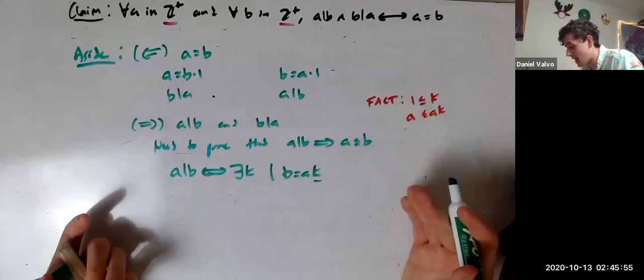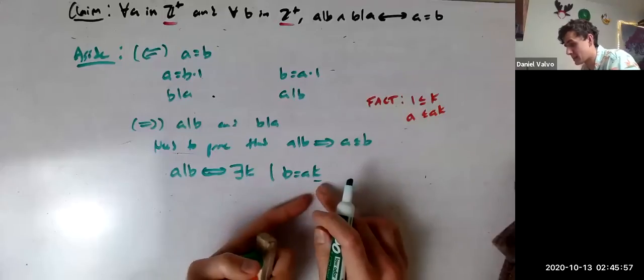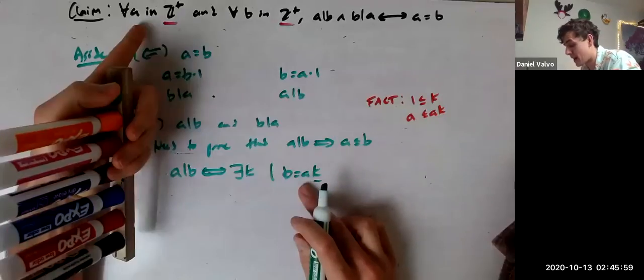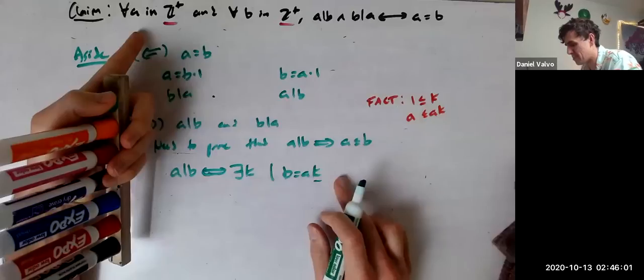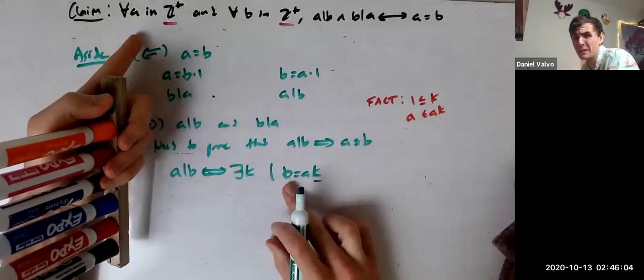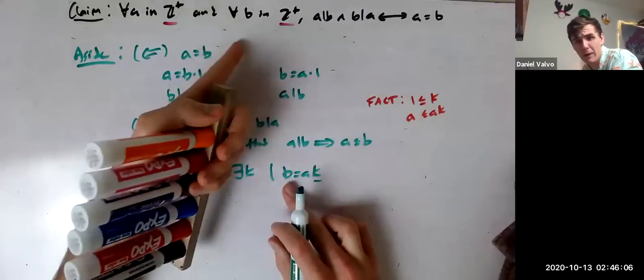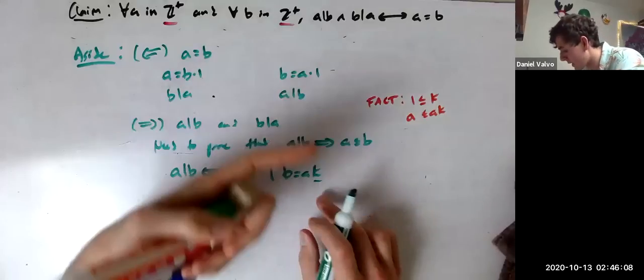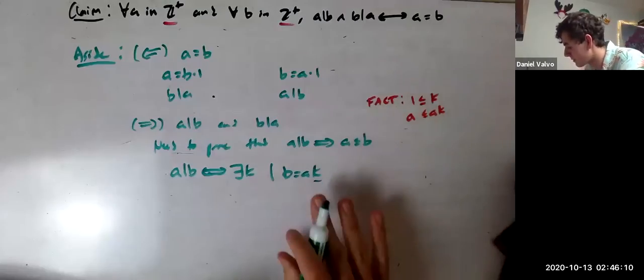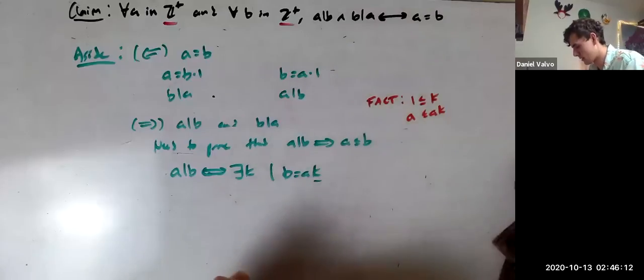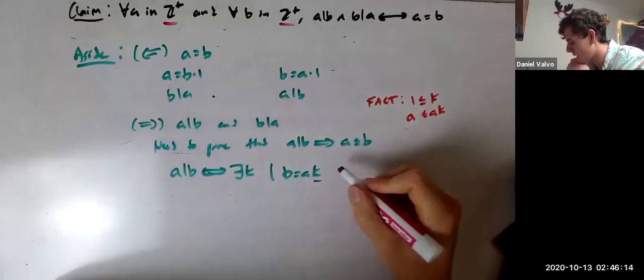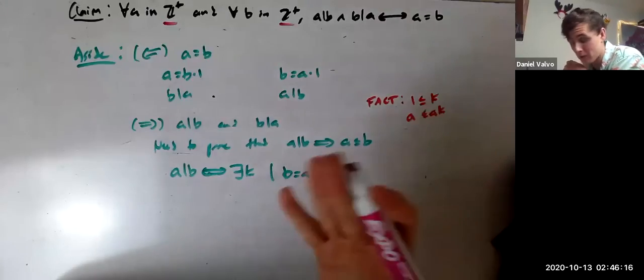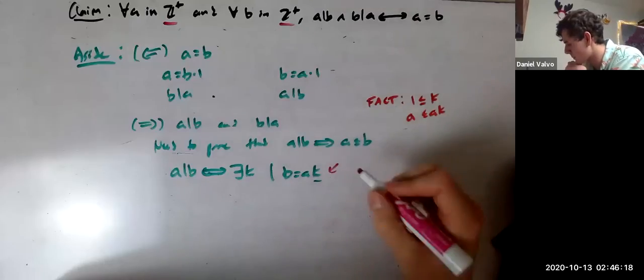If K were negative, since A is positive, a negative times a positive would be a negative, meaning that B is negative, and B is positive, right? So K's got to be positive too. So K is an integer by definition of divisibility, and it's positive. So K is a positive integer.